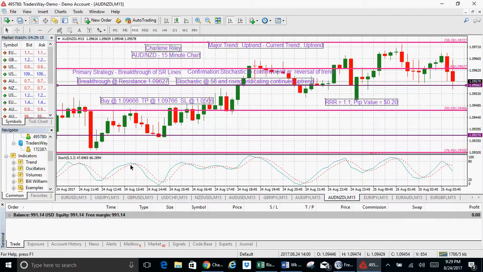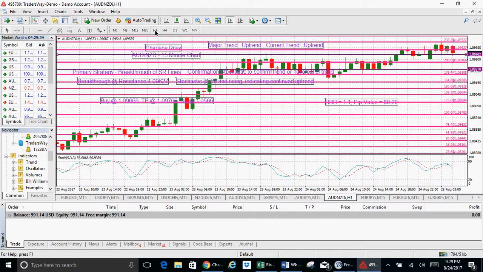The stochastic is below 50 and appears to be dropping, so that would be confirmation for me. I won't enter on this current candlestick because we've got 30 seconds to the next 15-minute period.